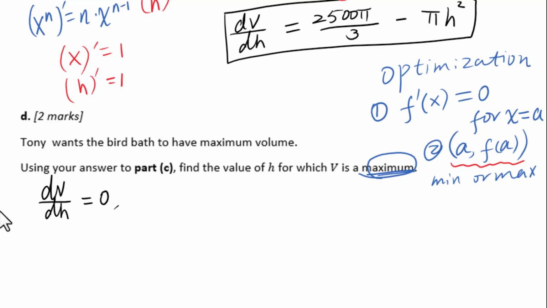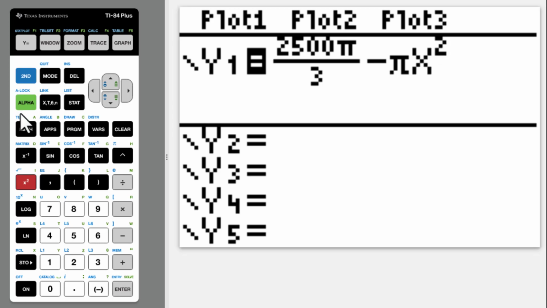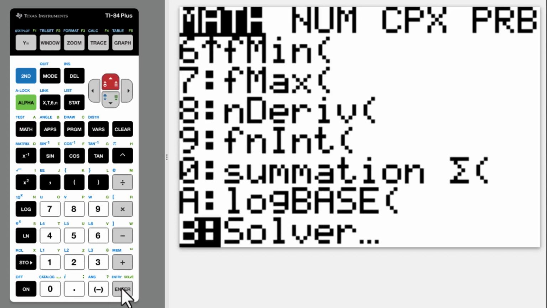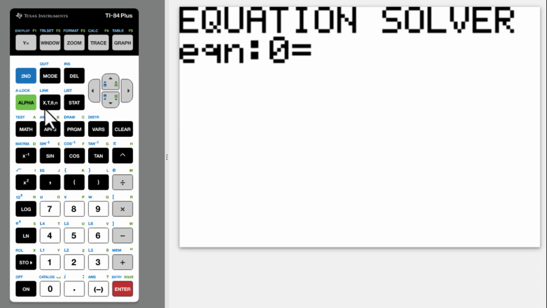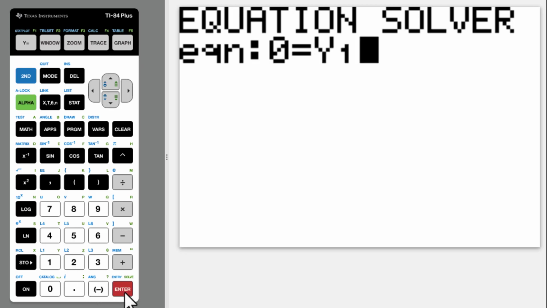We will use the equation solver because this h is a unique value. We put this derivative equation into y1. Remember h squared changed into x squared. Then go to math, up arrow, solver. Alpha trace, go to y1, enter.